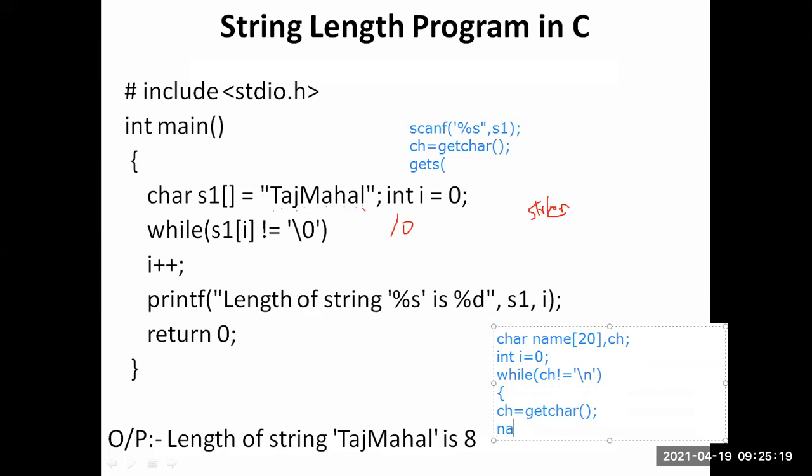Then we store name of i equal to ch, storing each value in name, then increment i by 1, and close.